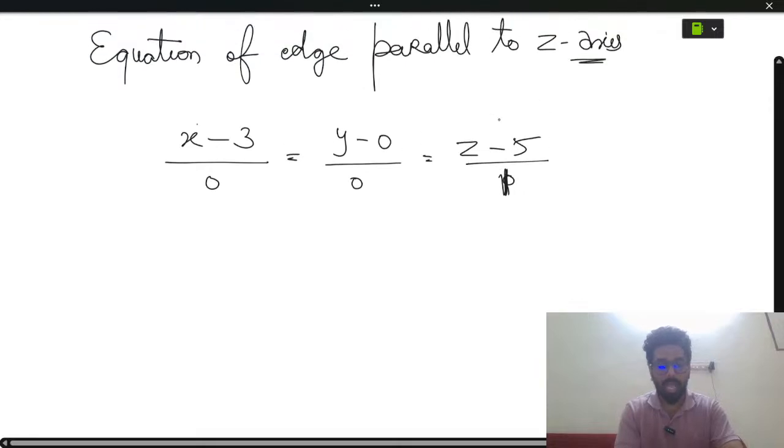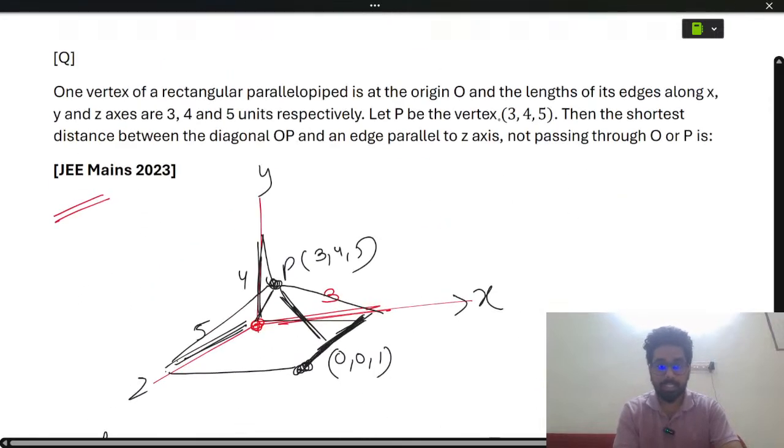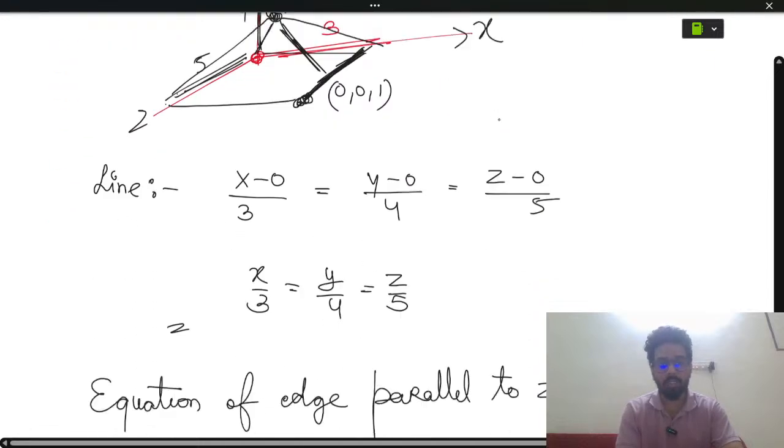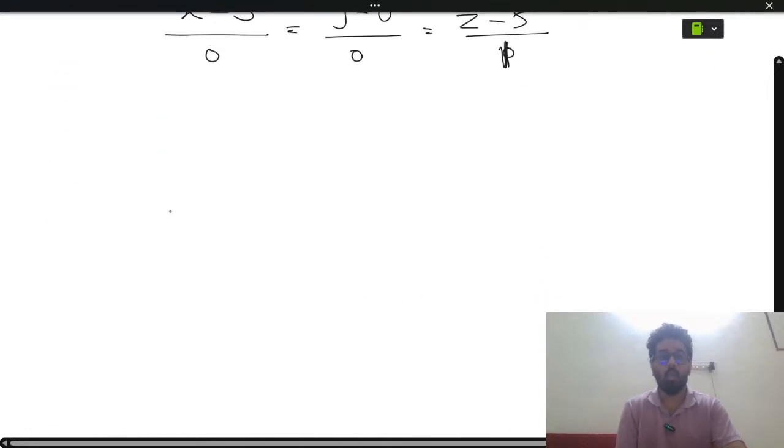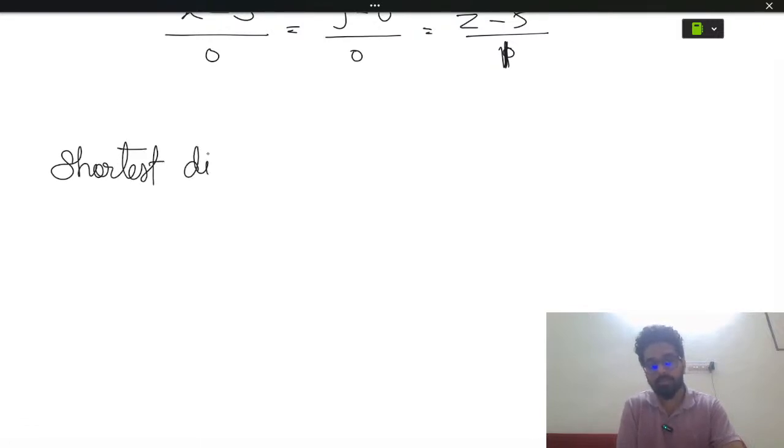Now we have to calculate the shortest distance between these two lines. How will I do so? Very easily. Whatever formula we have read, you write down this formula. Now, I will write it in the Cartesian form.